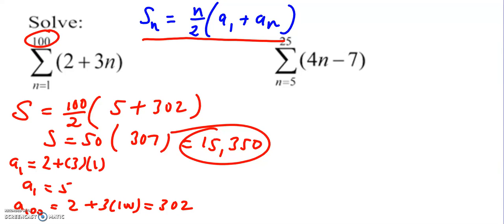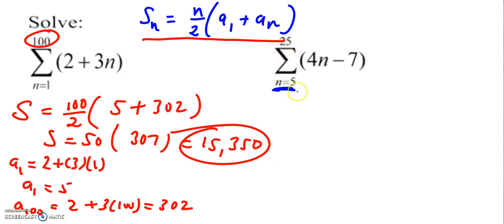The next example is a good one because notice again that we did not start with n equals 1, which is what I mentioned earlier. This just represents your first term. But here we need to be careful. On the last example, if we counted from 1 to 100, we did get exactly 100 terms. But this one, if we're going from 5 to 25, you need to be careful.